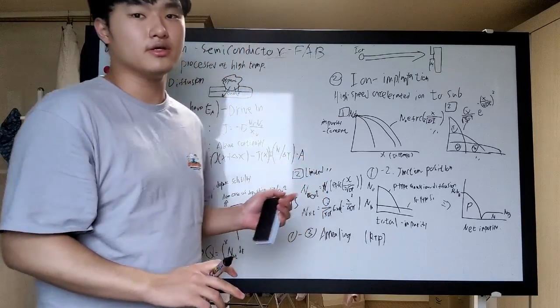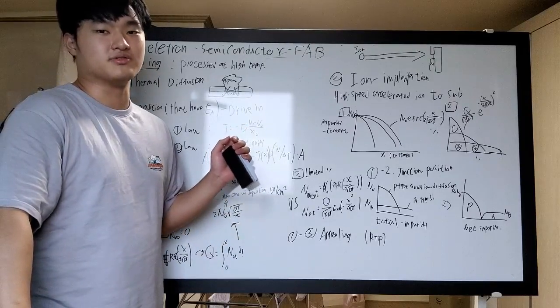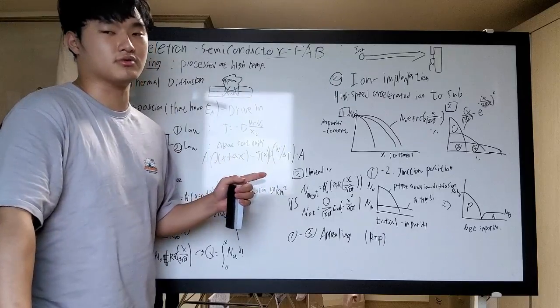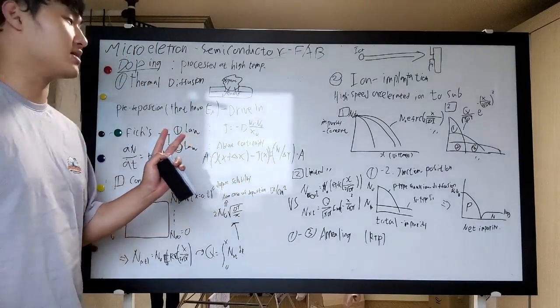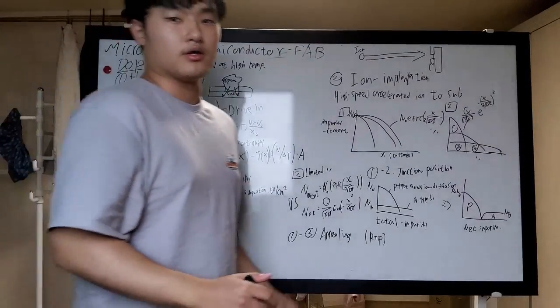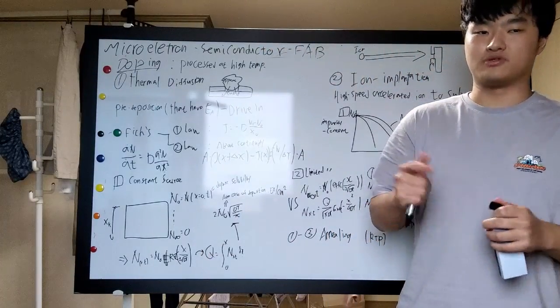So anyway, doping can be meant as making the silicon a source of electrons or holes, to derive P type and N type silicon. And today's review will be about the doping process.